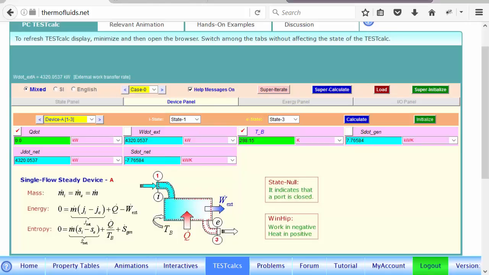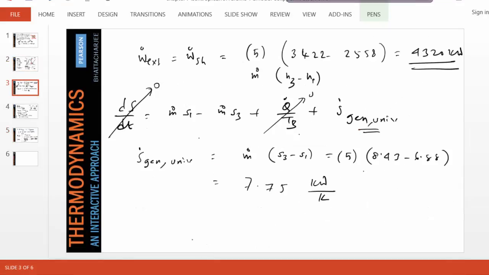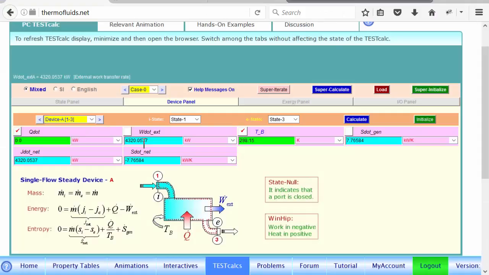What we got are very close. What we got were 7.75, as you can see here, and our work was 4320 external work for the actual turbine, and this is almost exactly what we got. The entropy generation rate is given here.